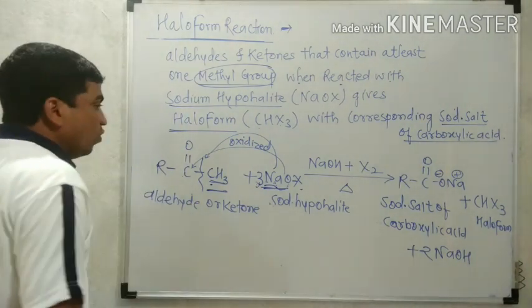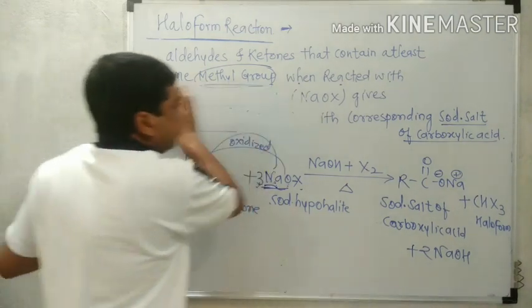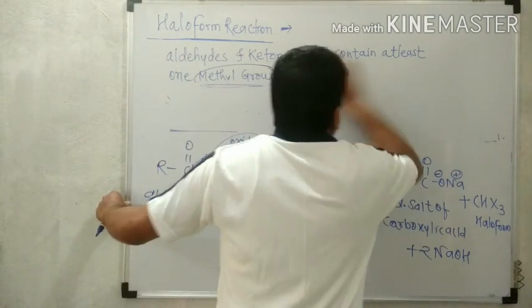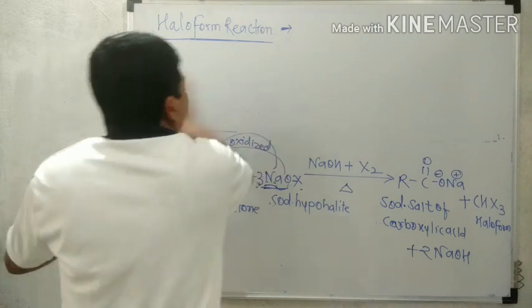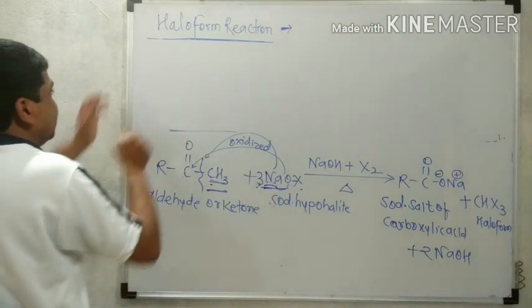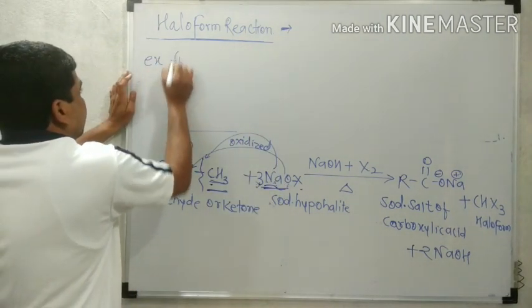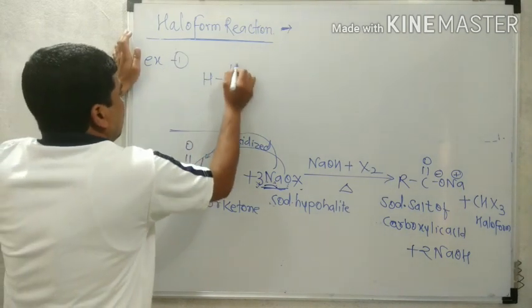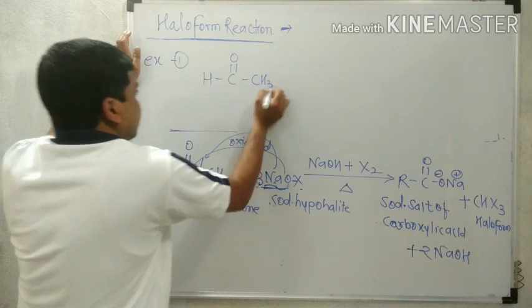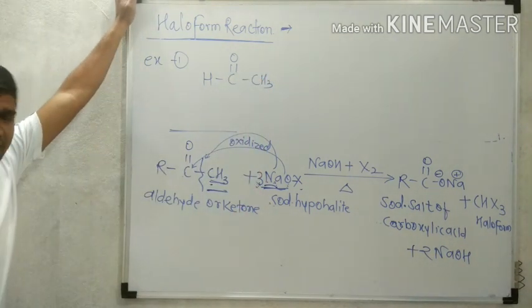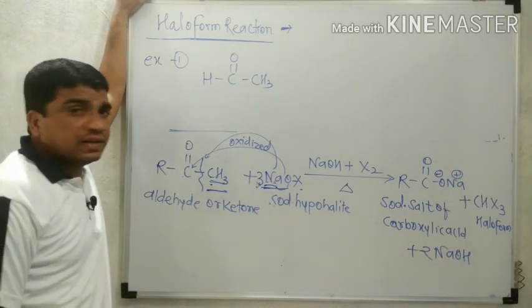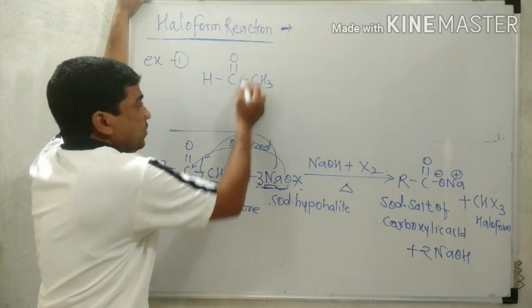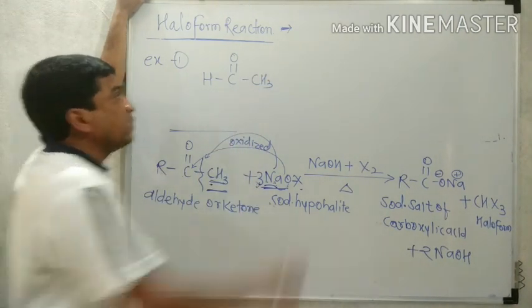If we are going to discuss an example for this process, take an aldehyde, for example CH3CHO. Can this aldehyde take part in the reaction? Yes, because it contains a methyl group directly attached to the carbonyl carbon.